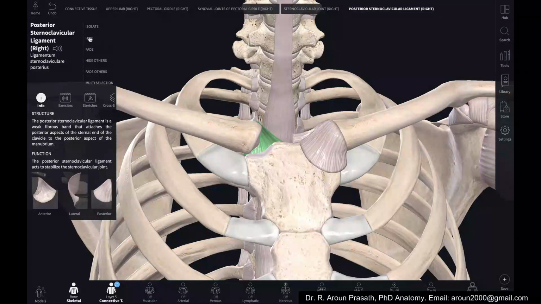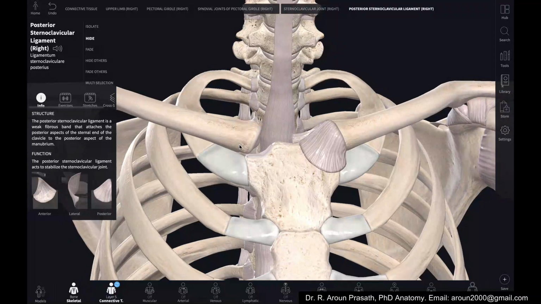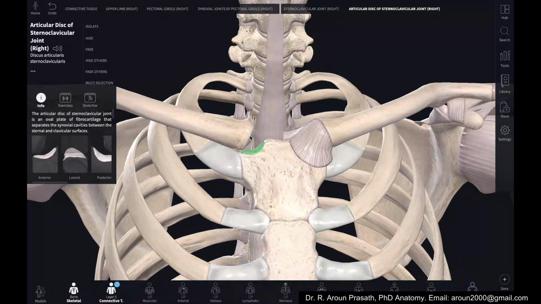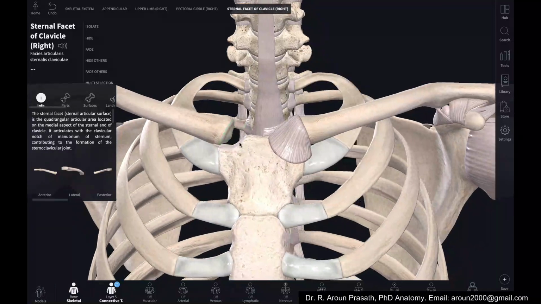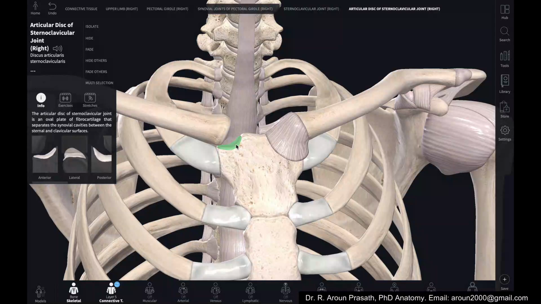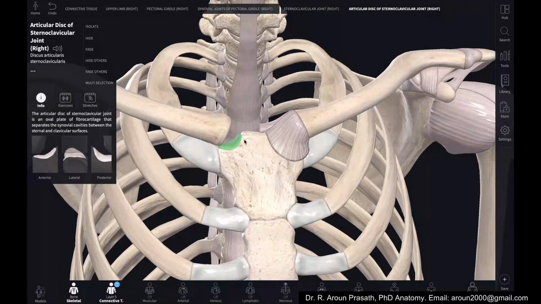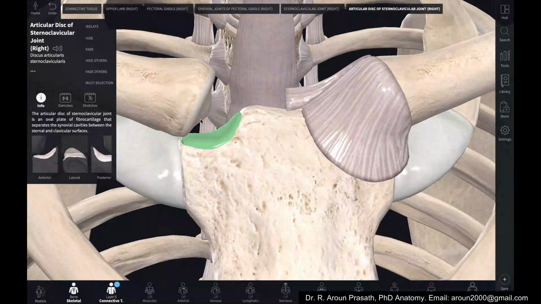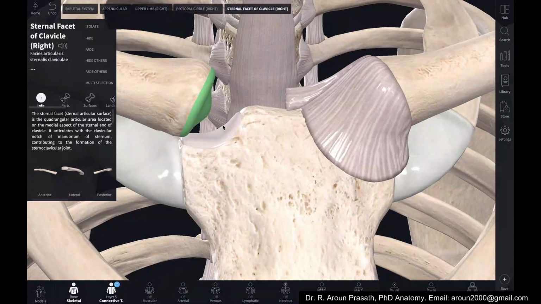These ligaments keep the sternum in position. These are the articulating surfaces in the sternoclavicular joint. You can see there is a clavicular notch in the manubrium of the sternum, and this is the sternal facet of the clavicle.